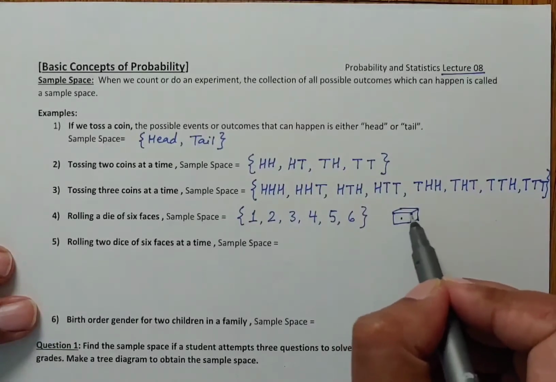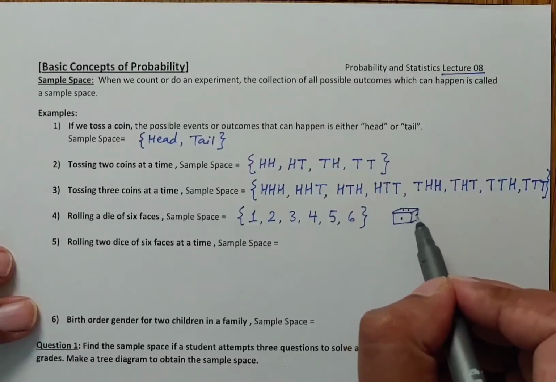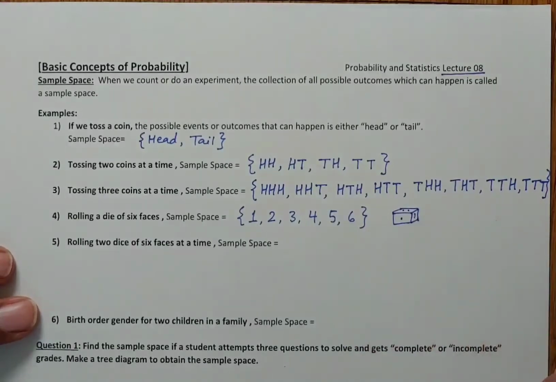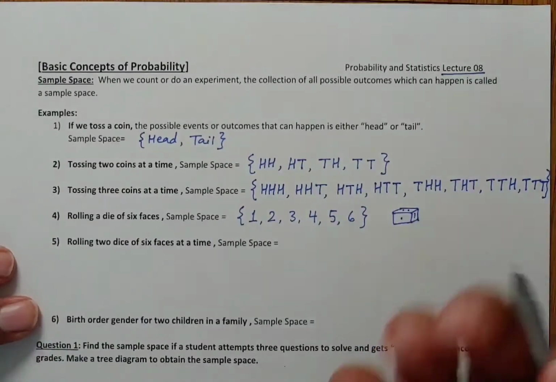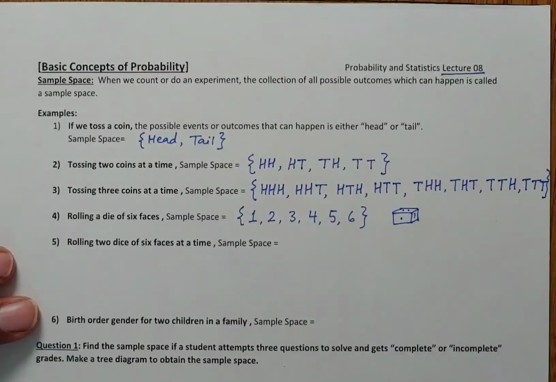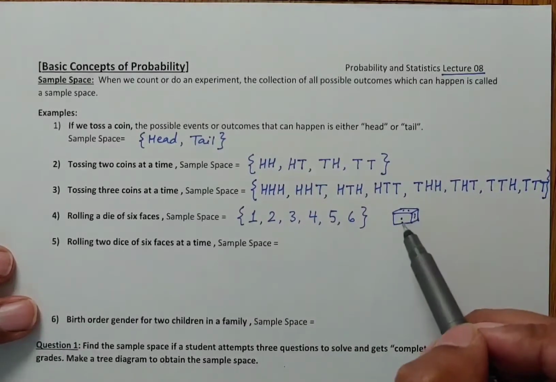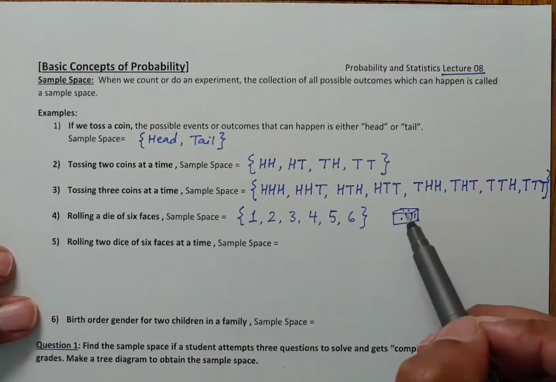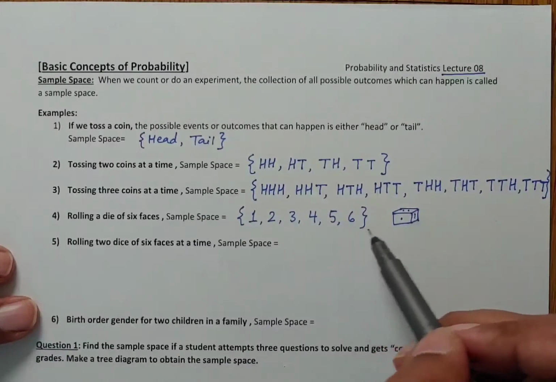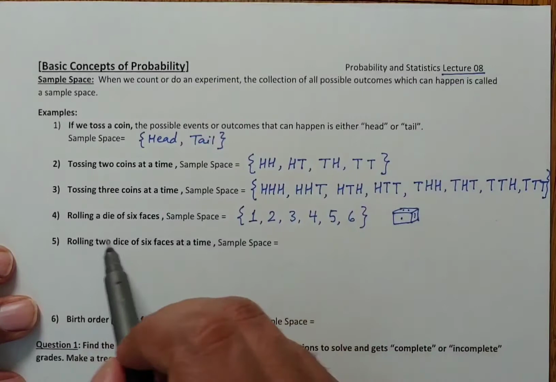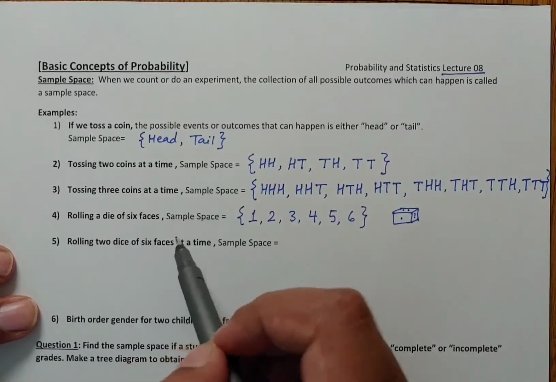So when you roll one dice, how many possible outcomes may you get? You may get 6 possible outcomes. Either you get a 1, or a 2, or 3, or 4, or 5, or 6. So this is rolling a die of 6 faces.